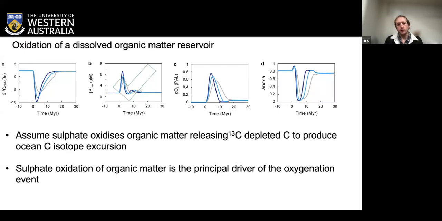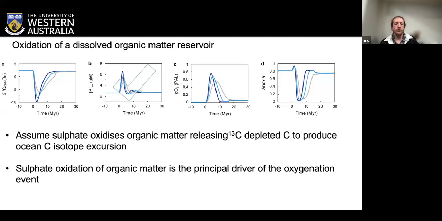At the same time, we are getting pyrite burial as a result of this sulfate oxidation of organic matter. And this resultant pyrite burial starts to increase atmospheric O2 levels, which is what you see in panel C here. And that's also why we get the corresponding decrease in ocean anoxia, as shown in panel D.